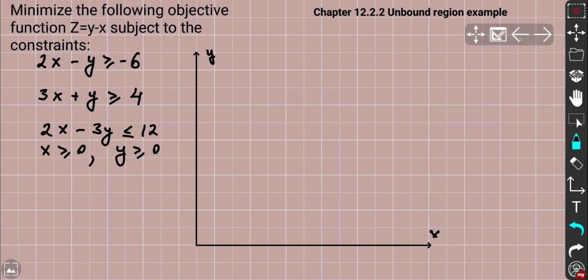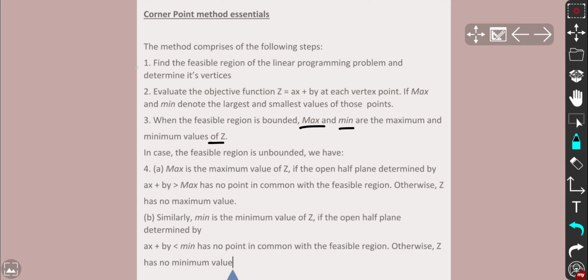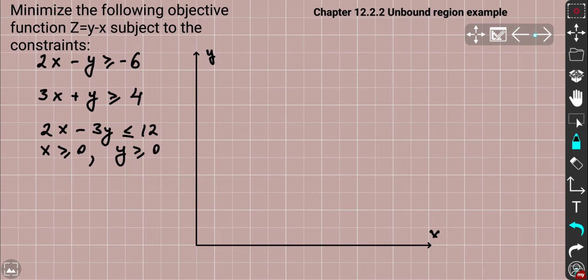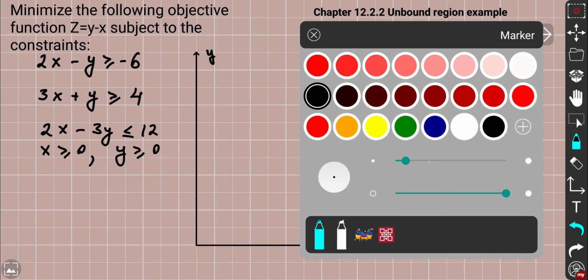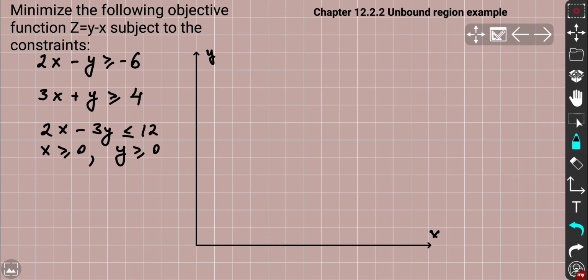As in the previous case, we need to start by finding the feasible region of the linear programming problem and determining its vertices. That's necessary, and we use all our knowledge about how we first construct the boundaries, basically straight lines.